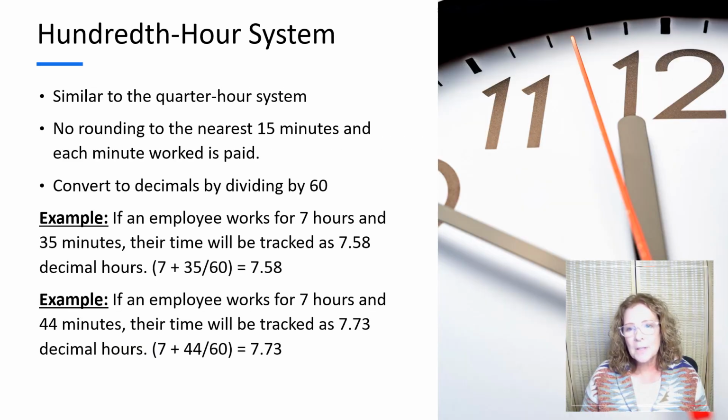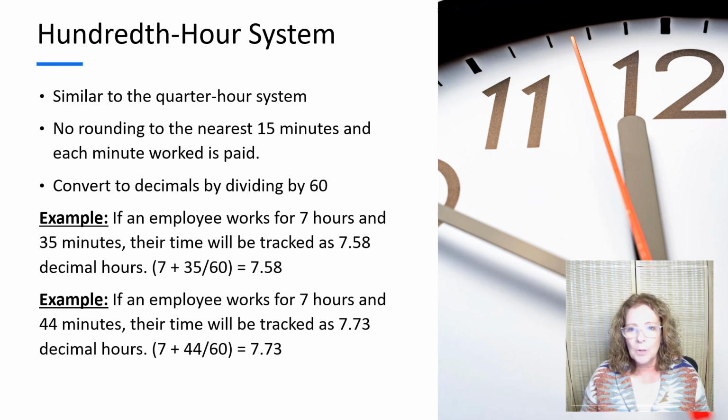The 100th hour system is a more precise method of tracking time in which an employee's time is tracked to the nearest 100th of an hour, basically the exact minutes worked. Just like the quarter hour system, you will have to convert it to the decimal value by dividing the minutes by 60.